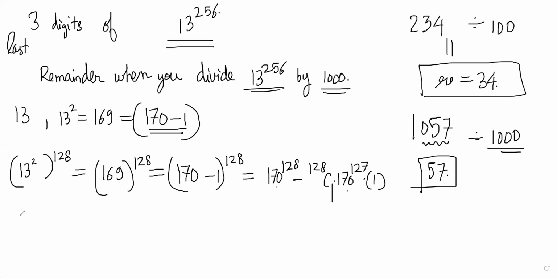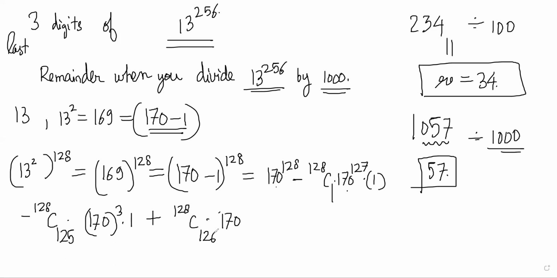So it will be, let's say, minus 128 C 125 will have 170 power 3 and 1, right? And then plus 128 C 126 will have 170 power 2, right? And these are the last 3, 4 terms that I'm writing.